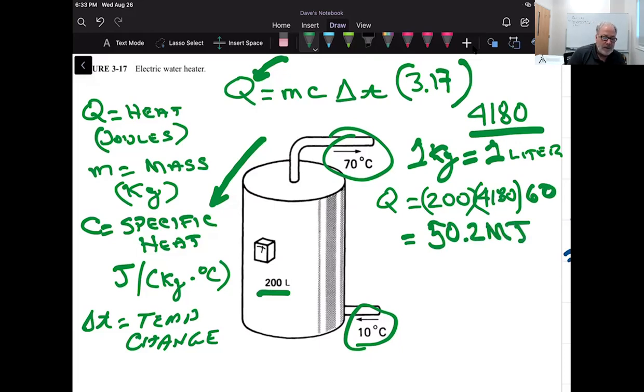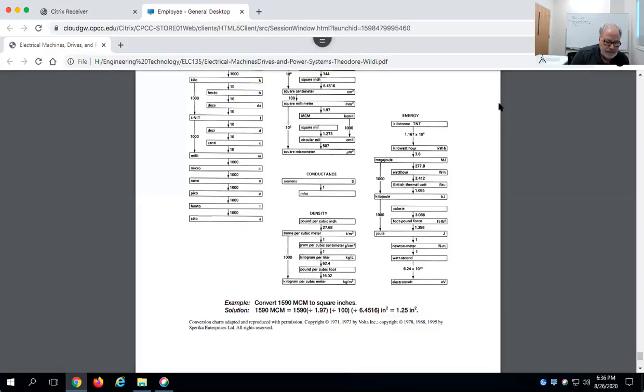Now, I want to show you something that I think is kind of cool, because we're going to relate this to something we think more of in terms of electricity. When we went through the problem, what our equation 317 gave us was megajoules of energy.